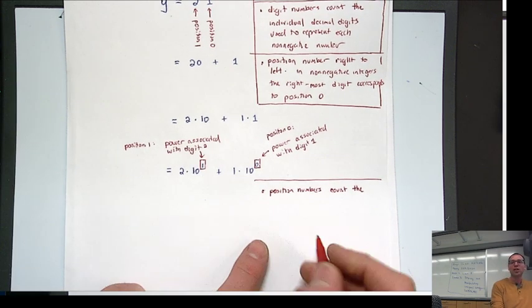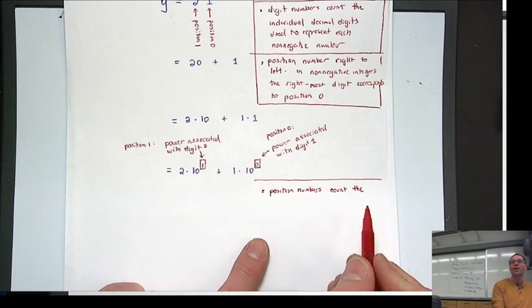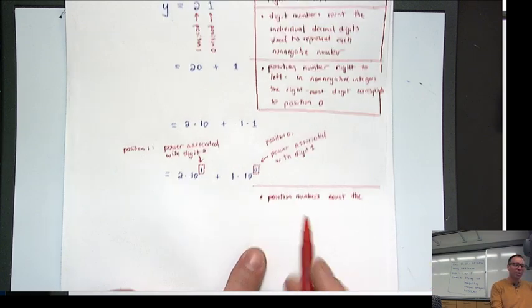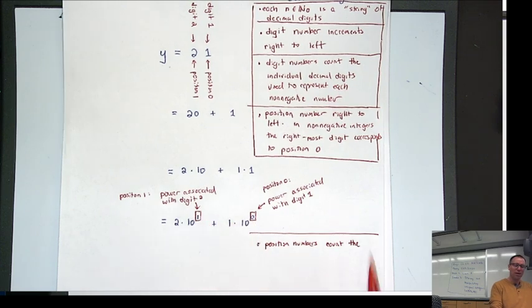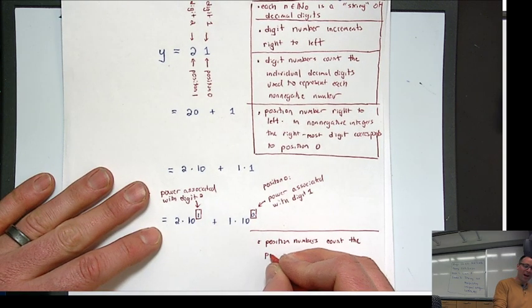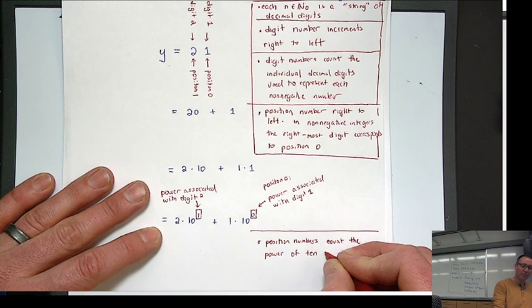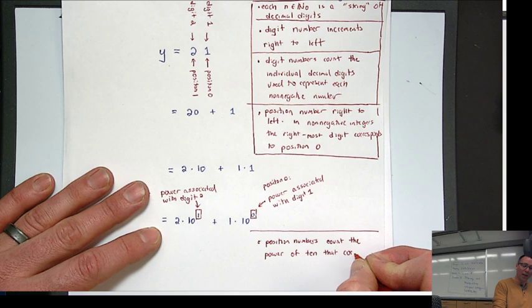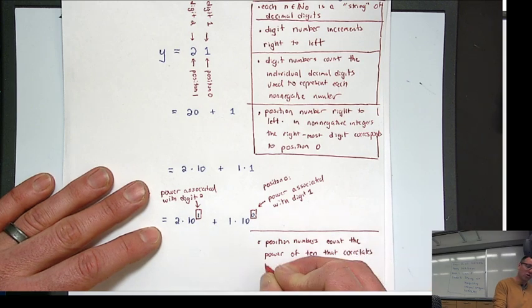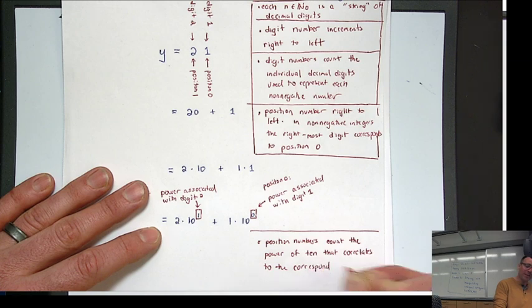All right. Position numbers count the what? Do they count the decimal digit? Count the power of 10 that correlates to the corresponding scalar stored in that digit.